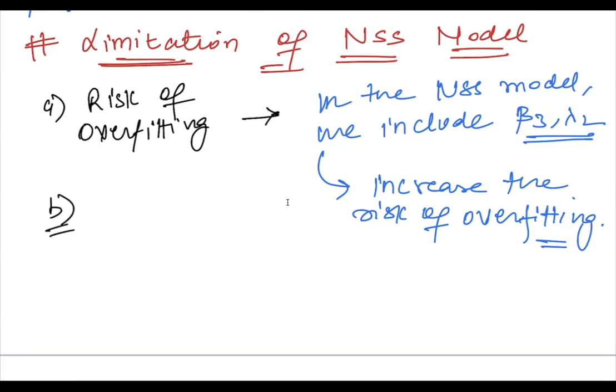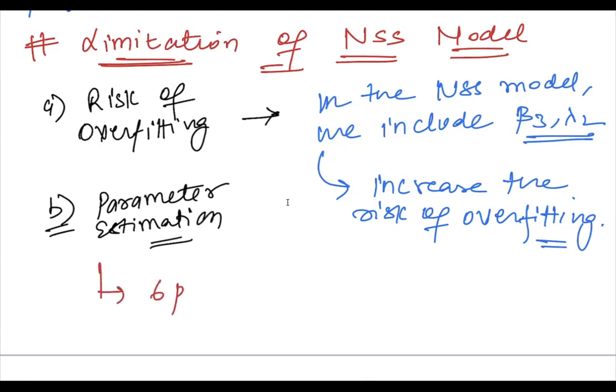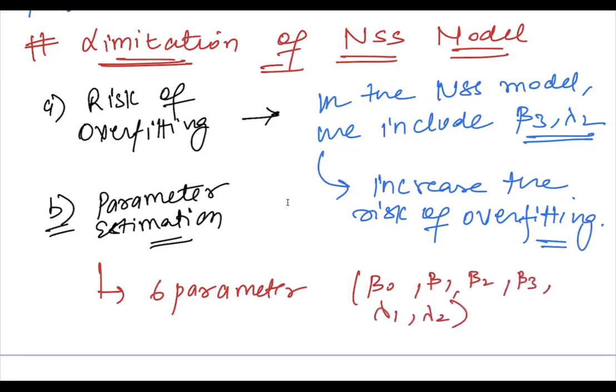Second is parameter estimation. In this model, we have six parameters: beta naught, beta 1, beta 2, beta 3, lambda 1, lambda 2.